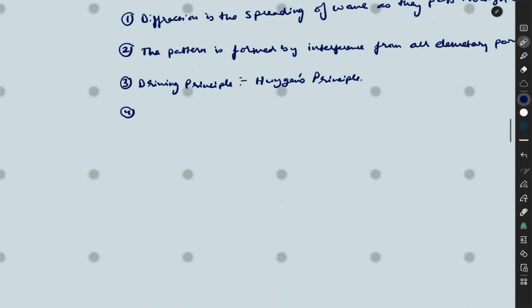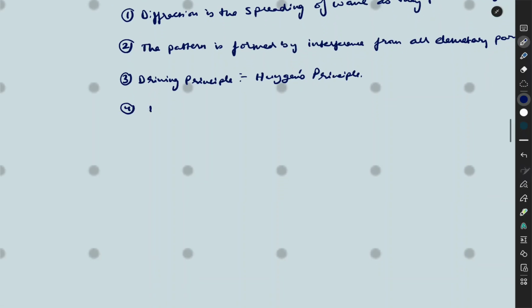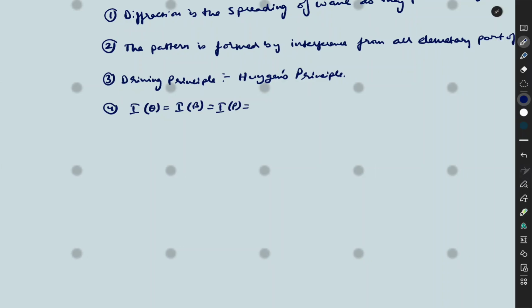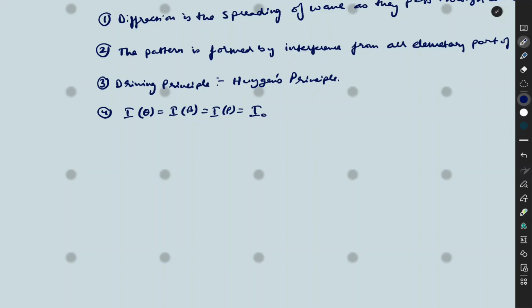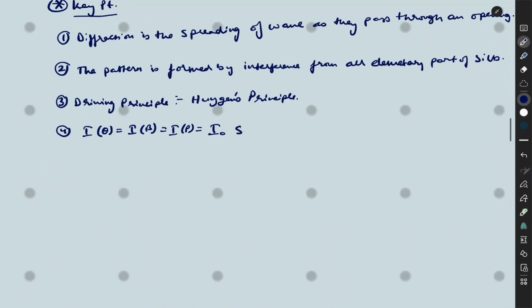And the fourth one is the intensity formula, that is I of theta, which is I of beta, equal to I of P, equal to I naught sine square beta by beta square.